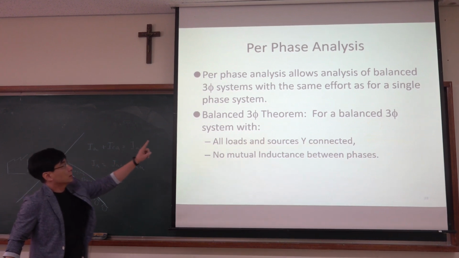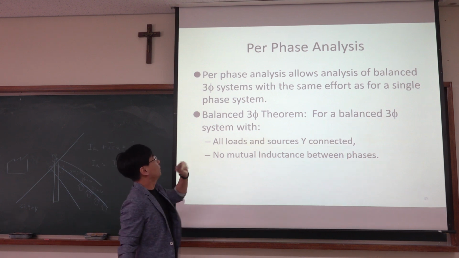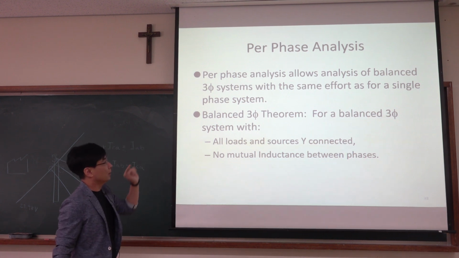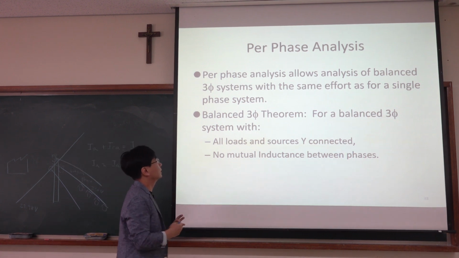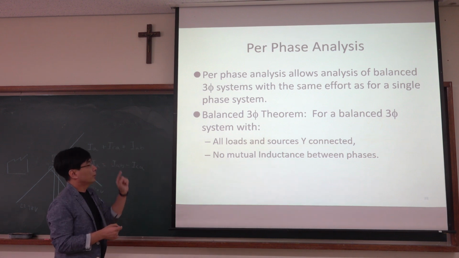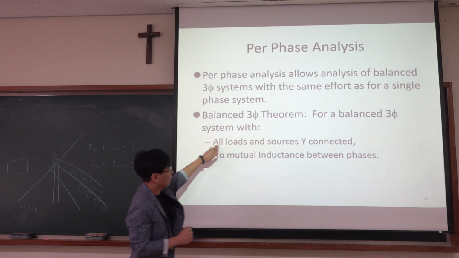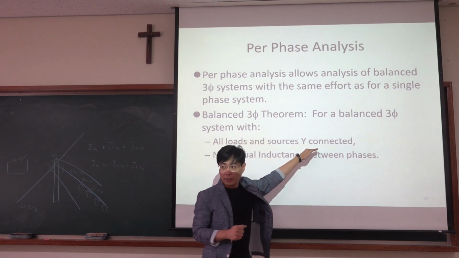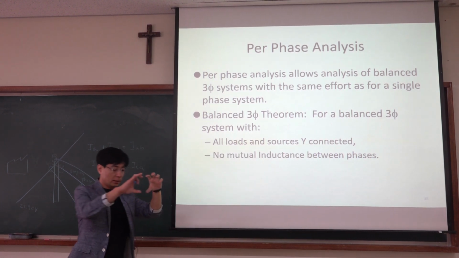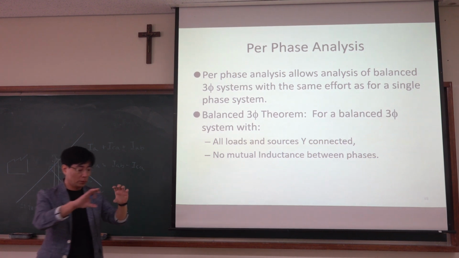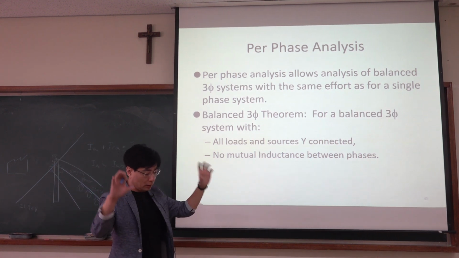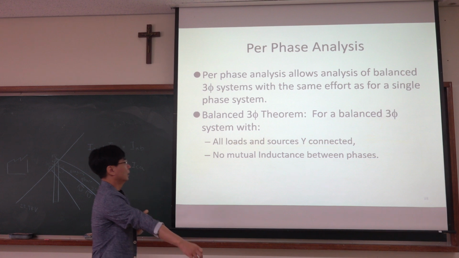Per phase analysis allows analysis of a balanced 3-phase system with the same effort as for a single phase system. And the balanced 3-phase theorem says for a balanced 3-phase system with all loads and sources Y connected, then they can be separated into 3 independent single phase systems.